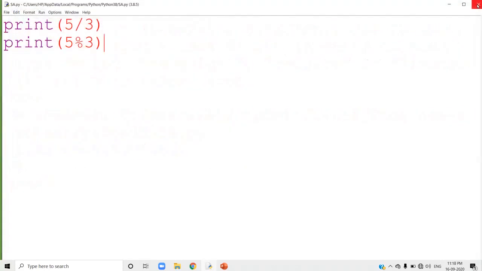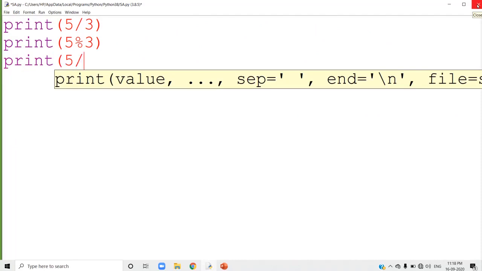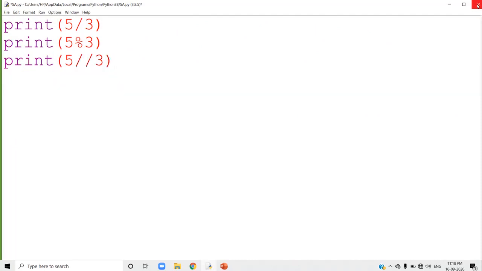And one more operator I will try here. That is print 5 double slash 3. Double slash means integer division. That will give you the quotient, from the quotient only the whole number part. When you divide 5 by 3, as we saw in the first example, you get 1.666.